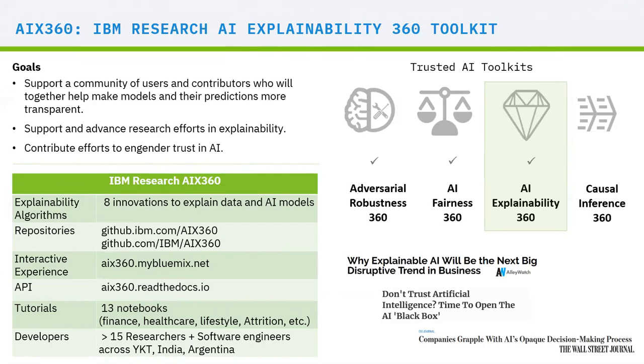The goal of these toolkits is to support a community of users who would help make models more transparent and engender trust in AI. The other goal is to support the growing research on explainability, so that researchers could use the algorithms and compare different algorithms in the toolkit. So let's move to the next slide.